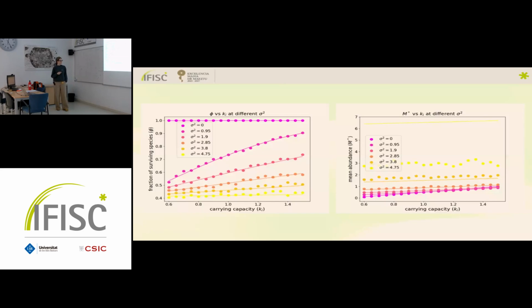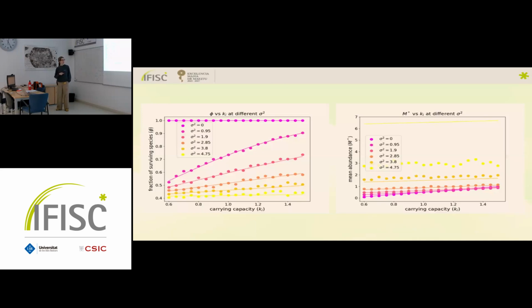We studied these quantities for different values of the interaction strength. What we see from this plot, as we expected, is that bigger carrying capacities imply a bigger fraction of surviving species. Why? Because a bigger carrying capacity gives an advantage to the species with respect to all the other ones. So it behaves how we thought it would.